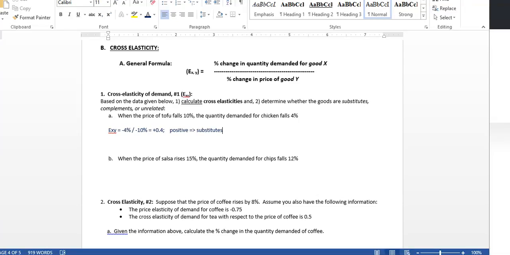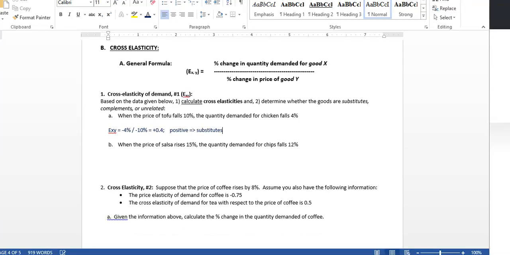Again, that would tell us these two goods are substitutes when price and quantity demanded across the two goods are positively related. Now, on the flip side, what if we get a cross elasticity that is negative?